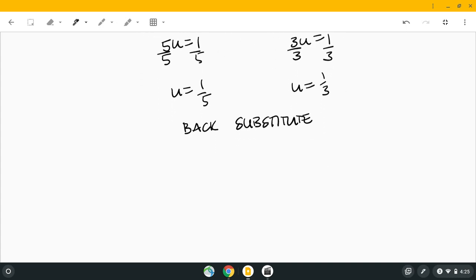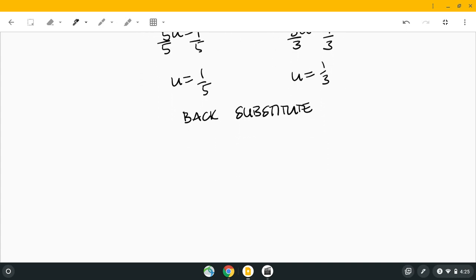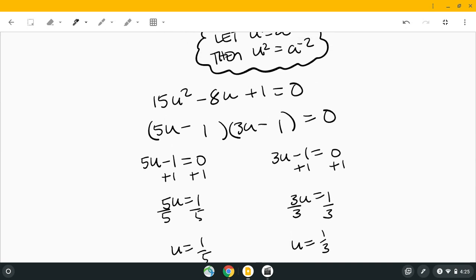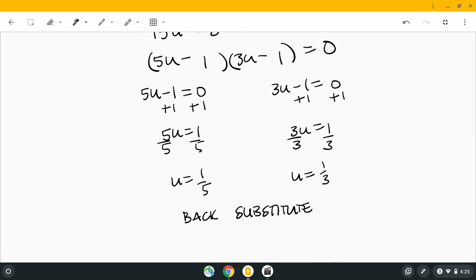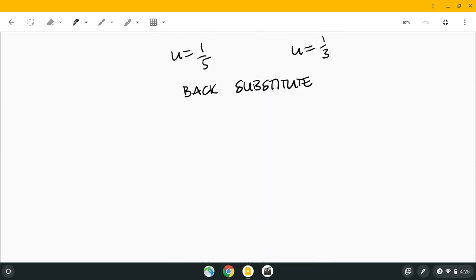Okay, so u is a to the negative 1. All right, so a to the negative 1 equals 1/5. A to the negative 1 equals 1/3.